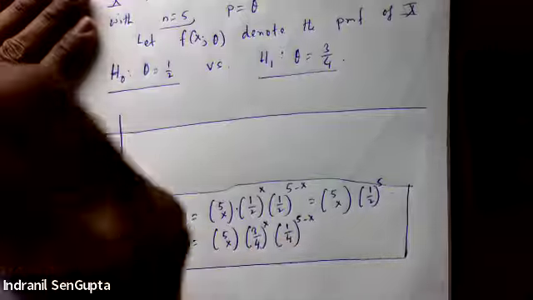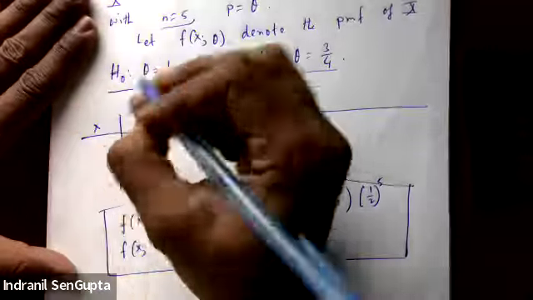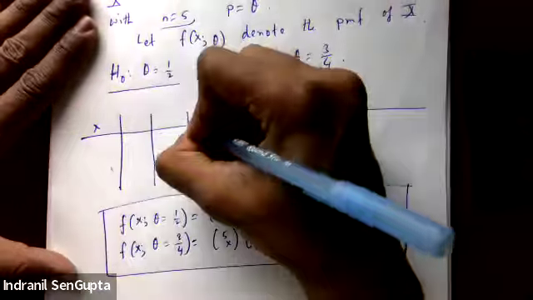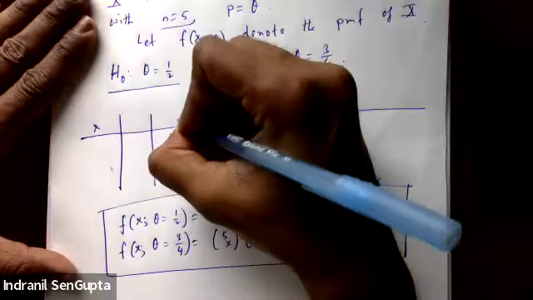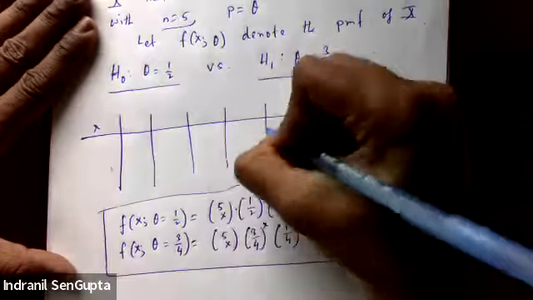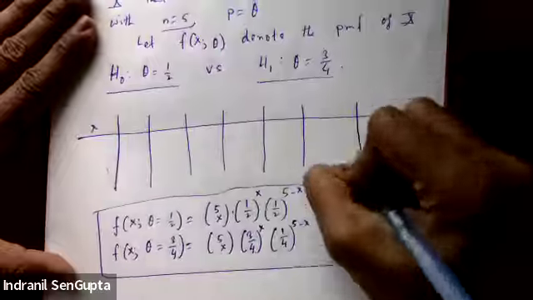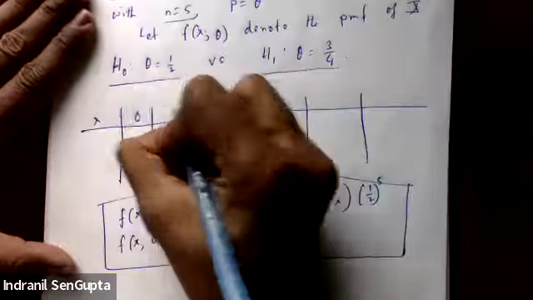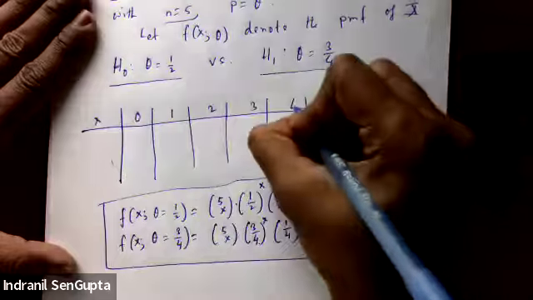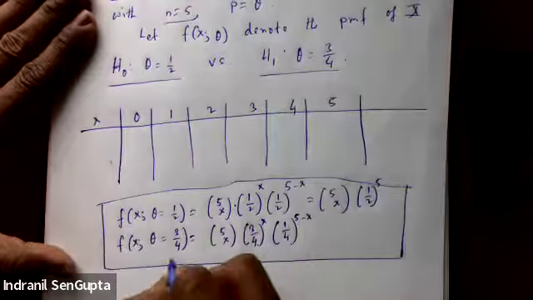Now suppose I write the x values: 0, 1, 2, 3, 4, and 5. Those are the possible values of x.